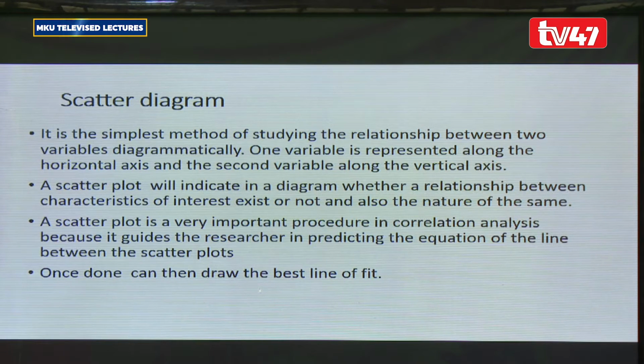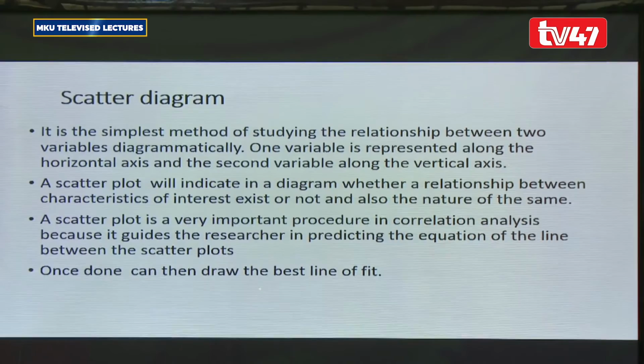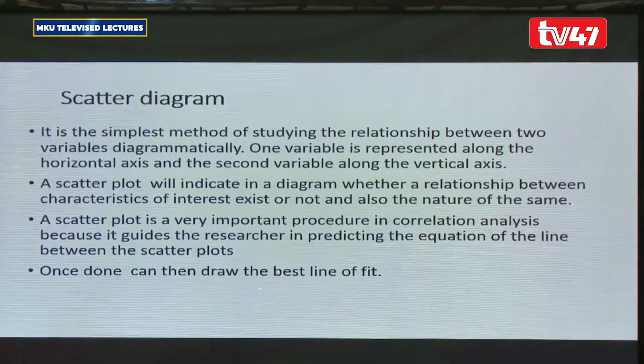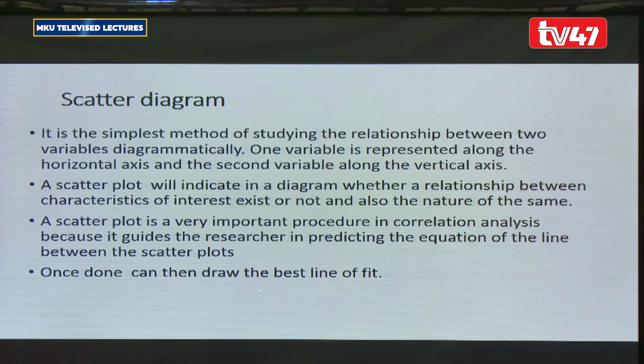Now, a scatter plot indicates whether a relationship exists or not. And it's a very important procedure in correlation analysis because that's where everything starts. You cannot just go correlating unless you have been able to see whether there is a relationship or not in form of a diagram.